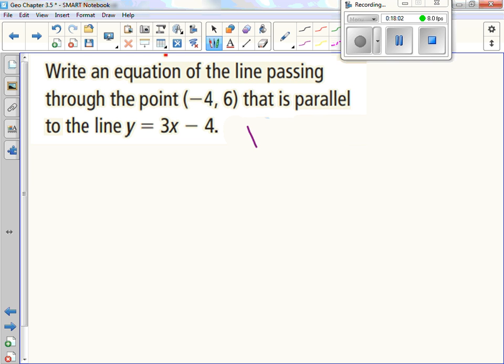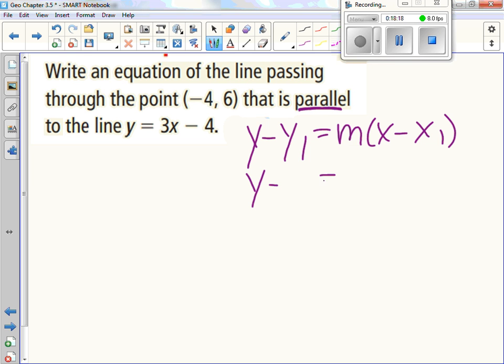So, y minus y1 equals m times x minus x1. We need the slope. Did they tell us what the slope is? The slope is? And if it's parallel, the slopes would be the same, so I plugged 3 in for m.